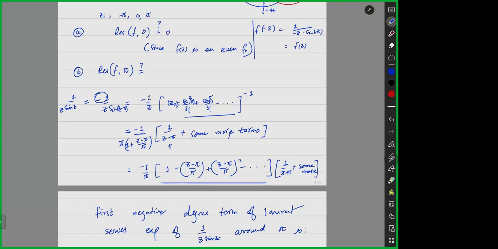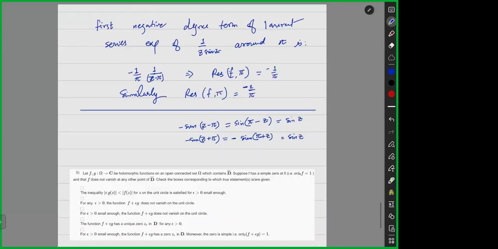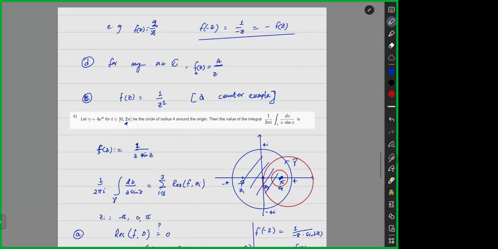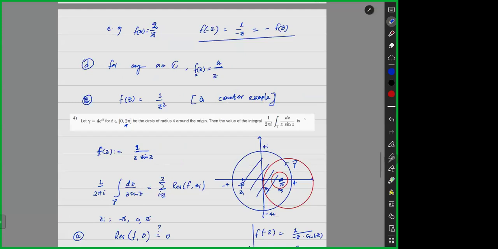So why minus 1 appears is because of the sign problem, sin z, 1 by sin z. Right. So we have calculated these residues. Now all of them you have to add them. So overall this integral will be minus 2 by pi.